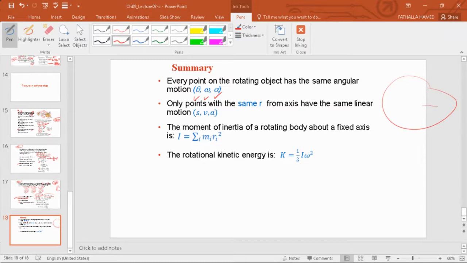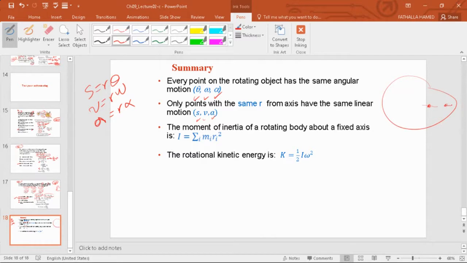However, v, a, and s will be different, because s equals r theta, v equals r omega, and a equals r alpha. So the points that are closer will have smaller values than the points that are further.